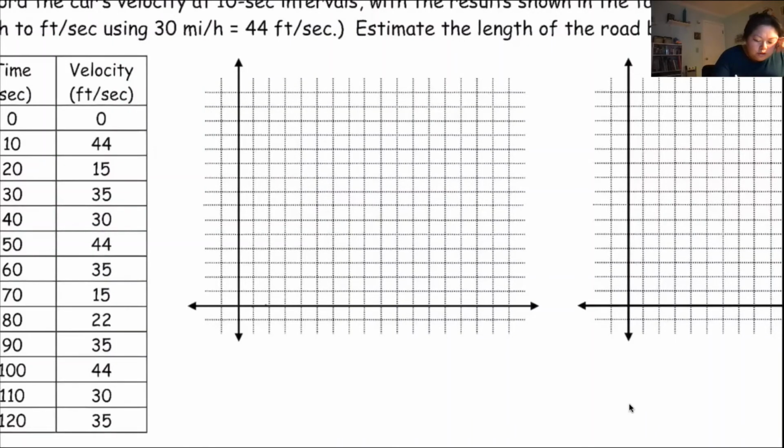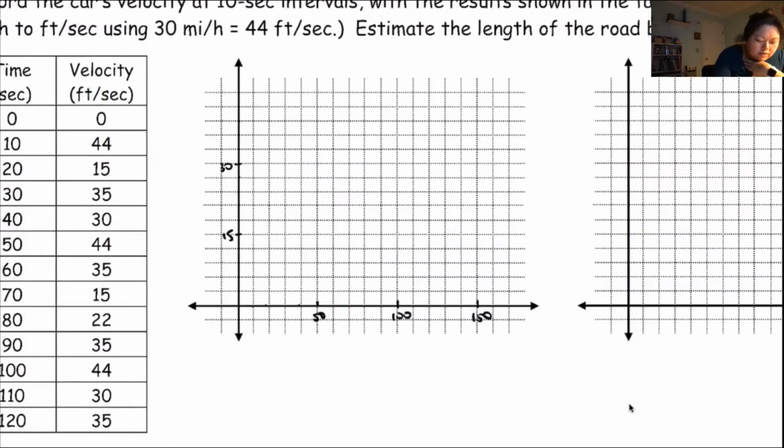So 10, 20, 30, 40, 50, and then you have 100, and you have 150 seconds, right? And for velocity, you can see the highest velocity you have is 44, which is awesome. Then that means if you count the boxes, if you make each box 3, which is a really weird number, you get 3, 6, 9, 12, 15. Then 1, 2, 3, 4, 5. That makes it 30.